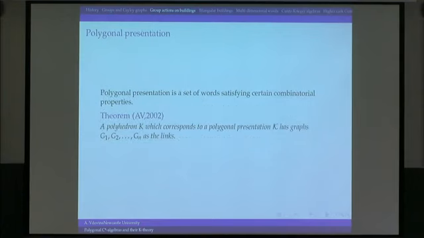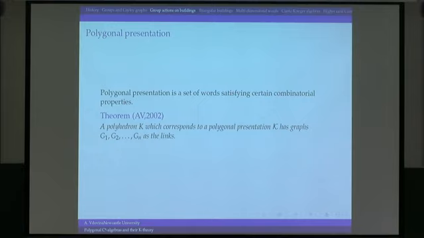And so some time ago, I had a combinatorial construction, which I called polygonal presentation. And again, the definition is a bit long and technical, but I will just give some examples of such polygonal presentations.